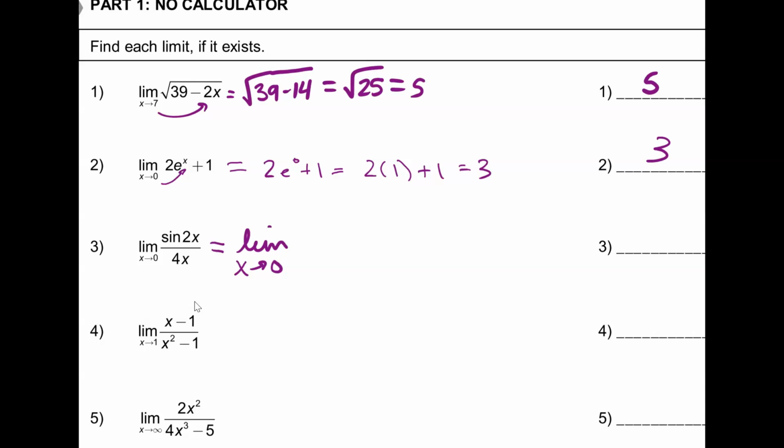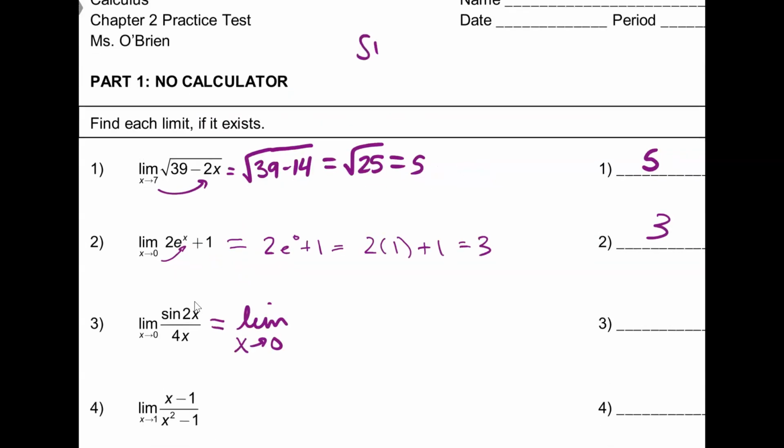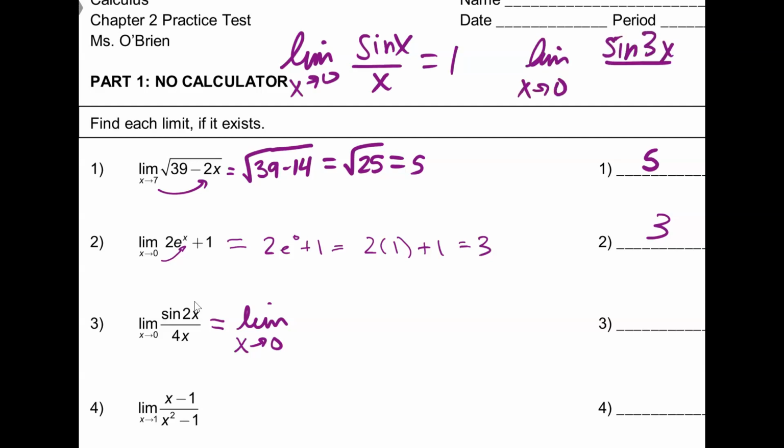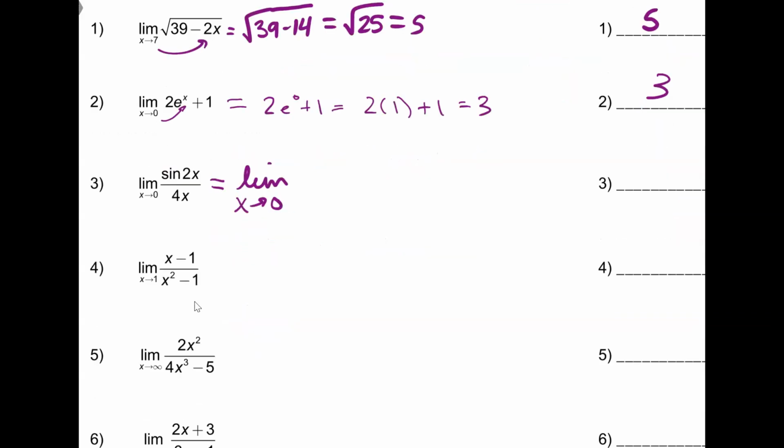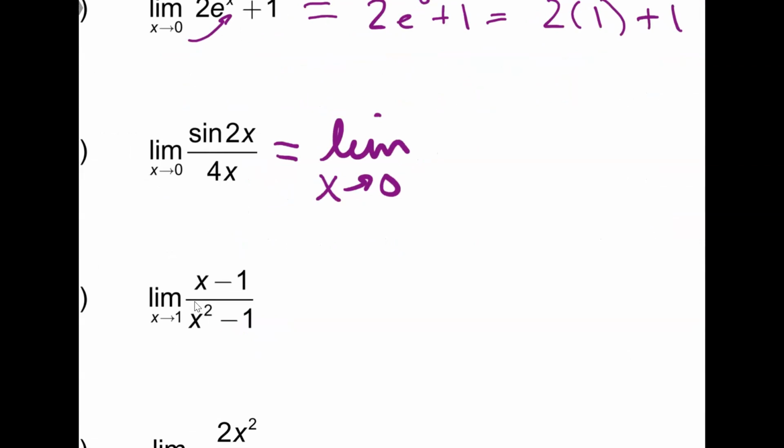I also know the limit as x approaches 0 of sine of 3x over 3x is 1. So literally what's inside the sine has to be the exact same thing as the bottom. So how can I make the bottom be 2x? Oh, multiply by 1/2. I could pull out 1/2.